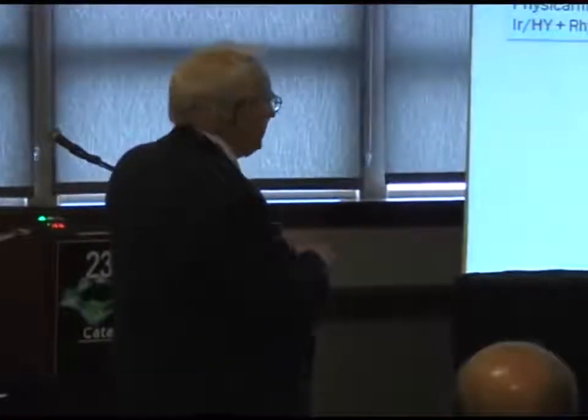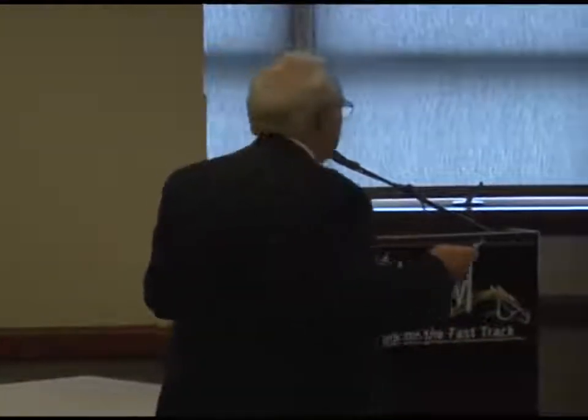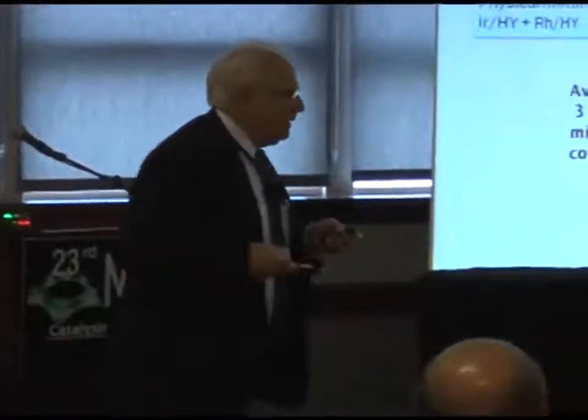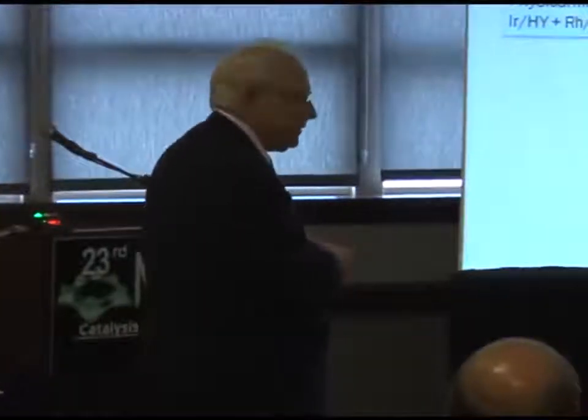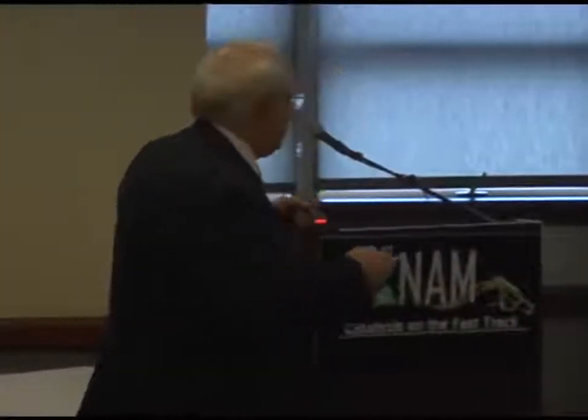I'm going to skip over it to hurry up because we made a comparison with the physical mixture. So this is the old Weiss and Swegler experiment that goes back to when Gary Haller was a child. And so what this is, some particles of zeolite that have iridium complexes and some particles that have rhodium complexes, but none with both.